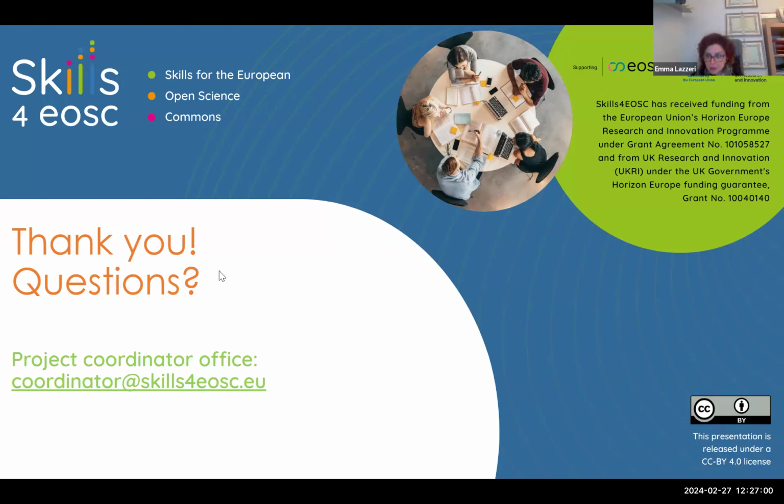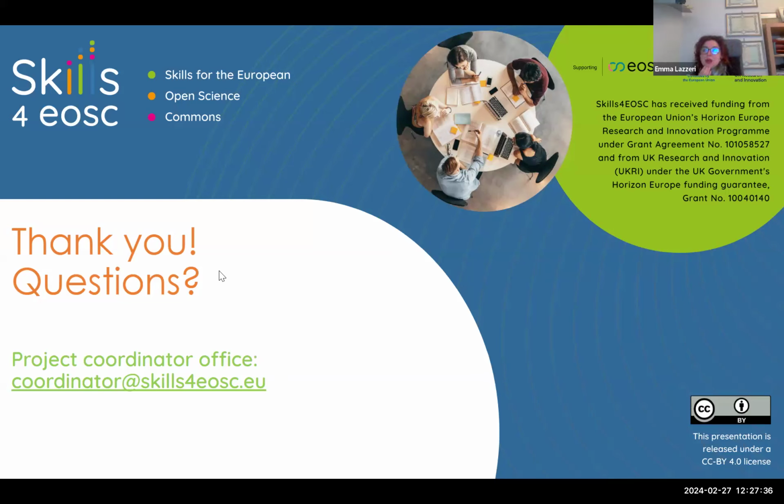There are a few examples of training that has been offered to develop data stewards skills, and we are building on those trainings and on the experience of the data stewards that we have in our network to define a curriculum that will then be offered during a training of trainers, but also to master trainers, but it will be offered to the competence centers for further development.